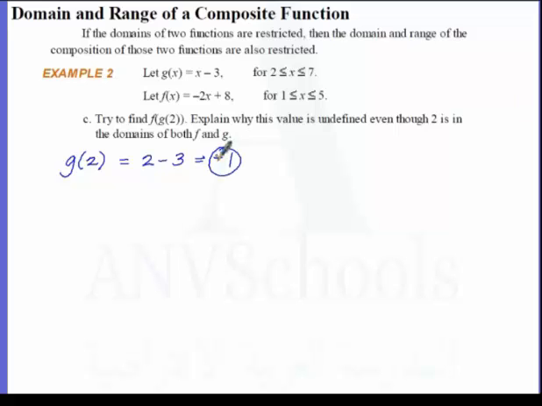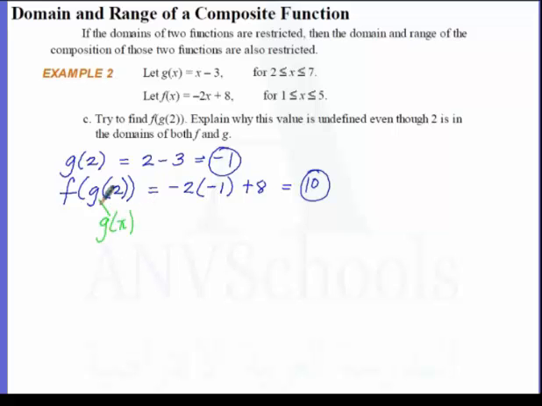Because g of 2 is equal to -1, our f of g of 2 is equal to -2 times -1 plus 8, which is equal to 10. But again, this is a bit of a tricky example because of -1, and look that our g of x is now contained in our f of x.